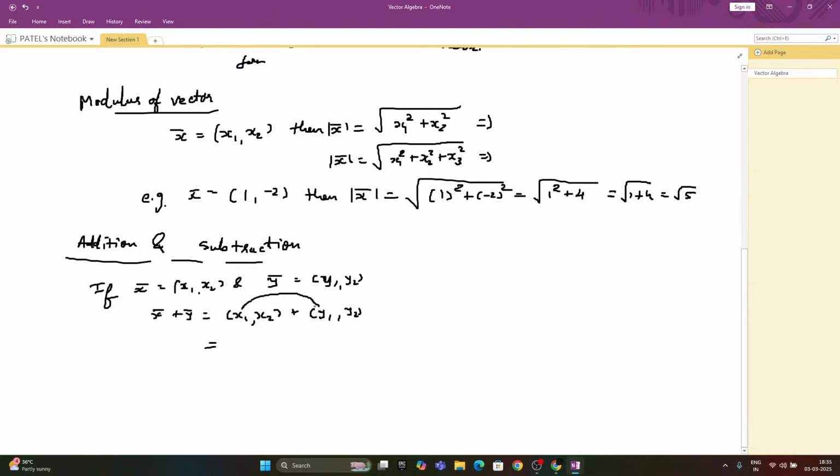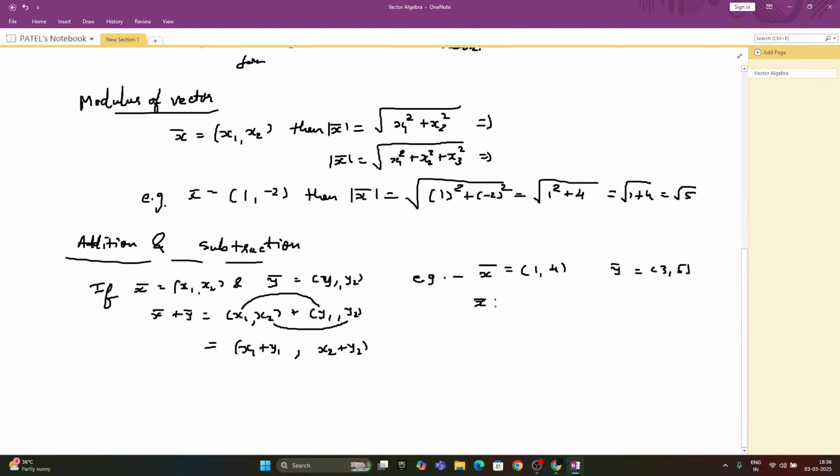Here x1 and y1 are both from the x-axis and x2 and y2 from the y-axis. So it is x1 plus y1 comma x2 plus y2. For example, x bar equals 1, 4 and y bar equals 3, 5.